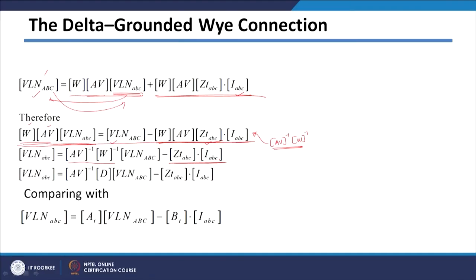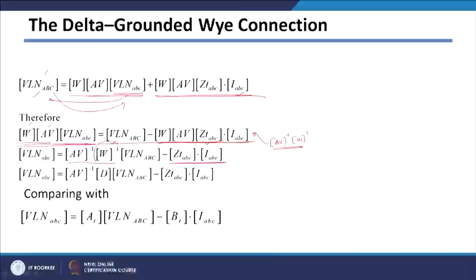Now, as I told you, whenever you are getting W inverse, you need to use matrix D, or whenever you are getting D inverse, you need to use matrix W. Here we are getting this W inverse, so this should be replaced by matrix D. Then we can compare this with our standard equation of capital A and capital B parameters, which gives secondary side voltages in terms of primary side voltages and load currents.